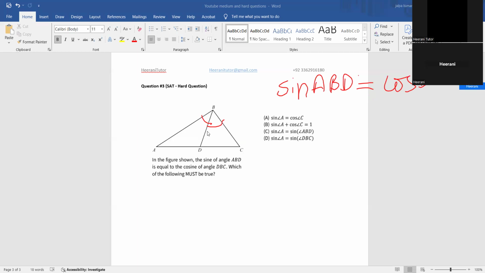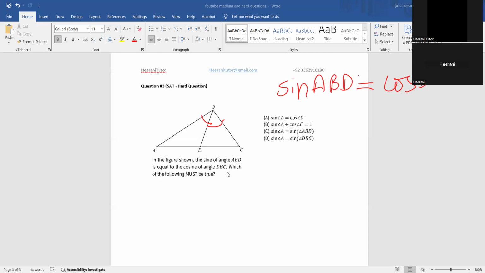So the question just gives a hint over here. Sine of angle ABD is the cosine of DBC. That means these two angles are complementary. Now, complementary angles are those angles which add up to 90 degrees.